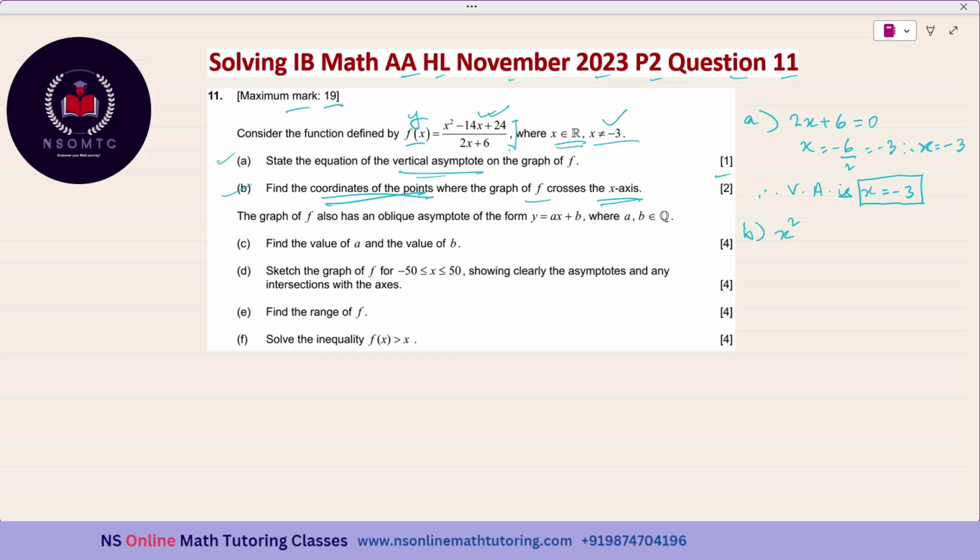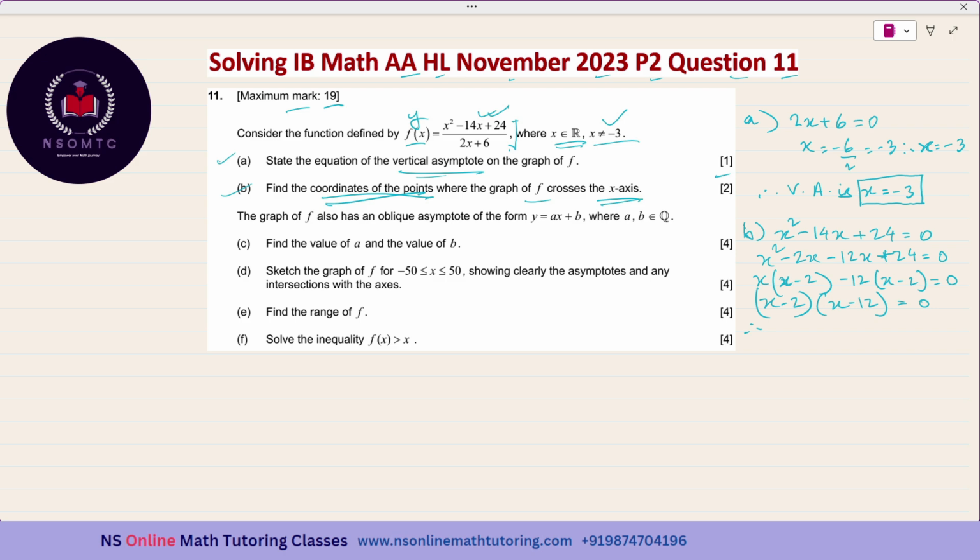So x square minus 14x plus 24 is equal to 0. Or I can factorize, it will be x square minus 2x minus 12x plus 24 equal to 0. I'm using the middle term splitting method. So x minus 2 times x minus 12 equal to 0.